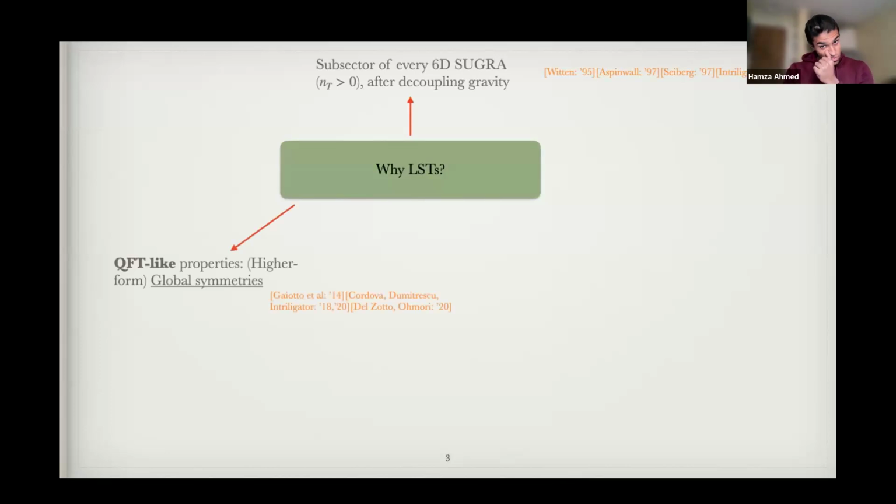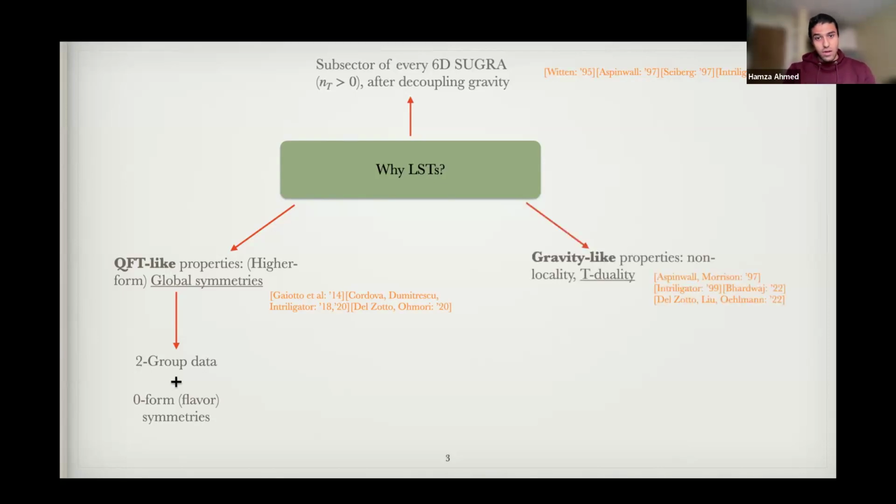In particular, the resulting theories are much more tractable than the full gravity theory because now they admit global symmetries, and in particular higher-form global symmetries, which help us constrain the theory. I'll talk about the 2-group symmetries and the conventional flavor symmetries. I'll explain what 2-group means later on in the talk.